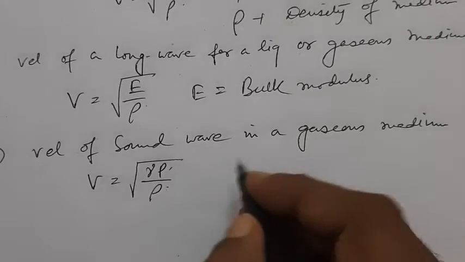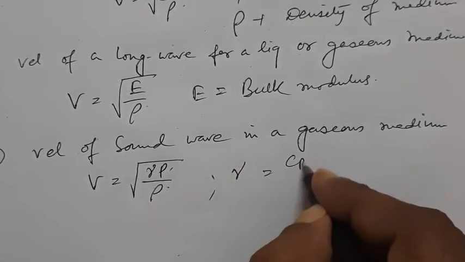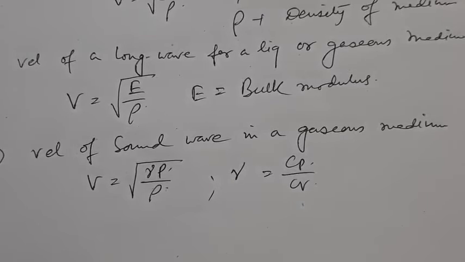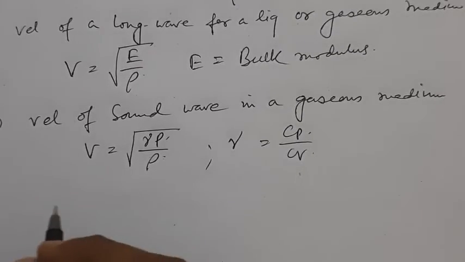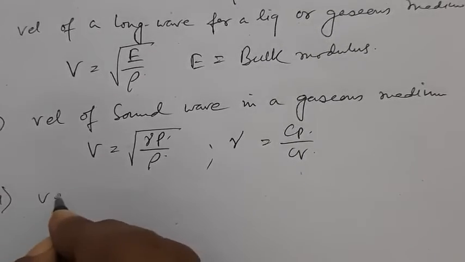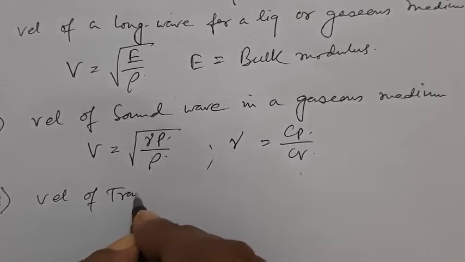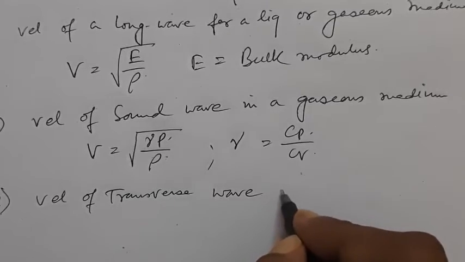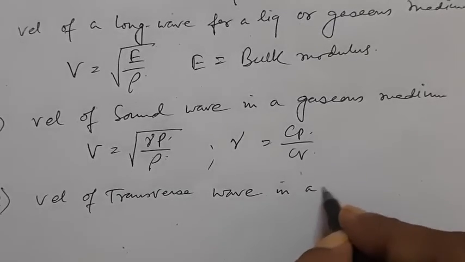Already we have studied what is gamma: Cp by Cv, the ratio of the two specific heats of the gas. Suppose we take another formula. Velocity of transverse wave in a straight string.